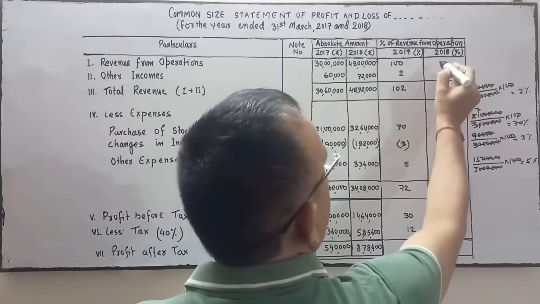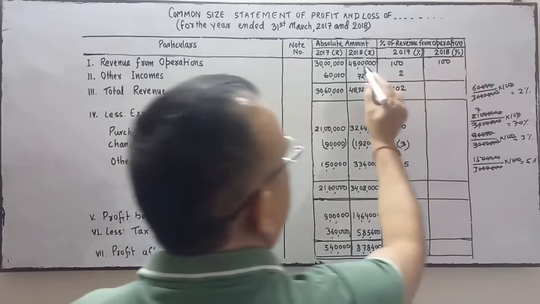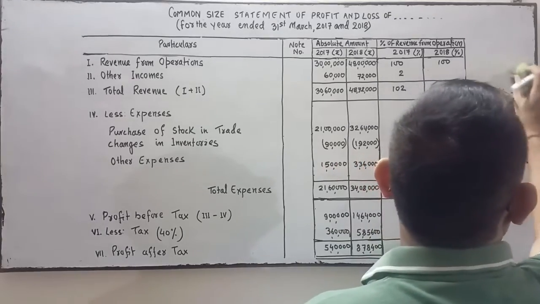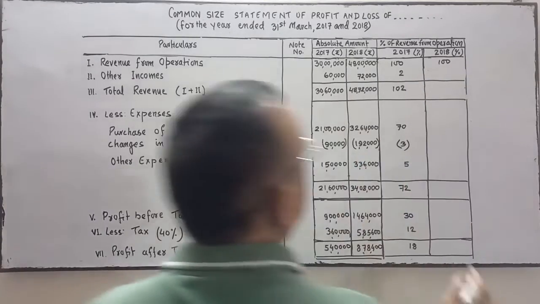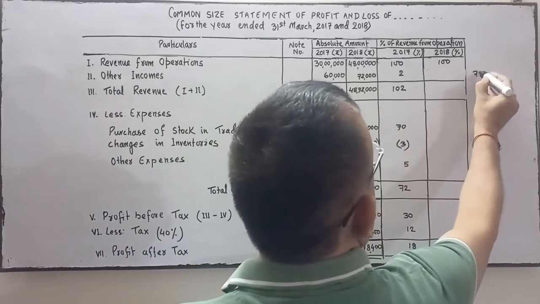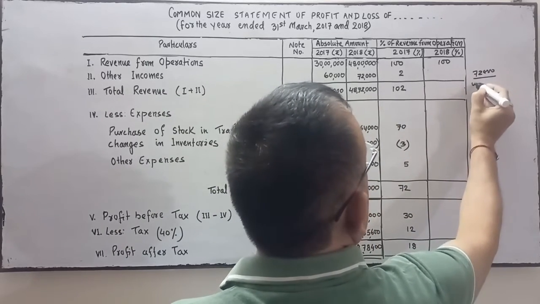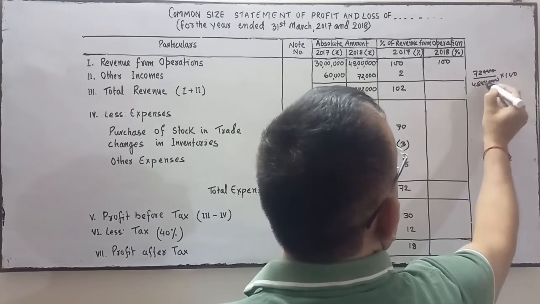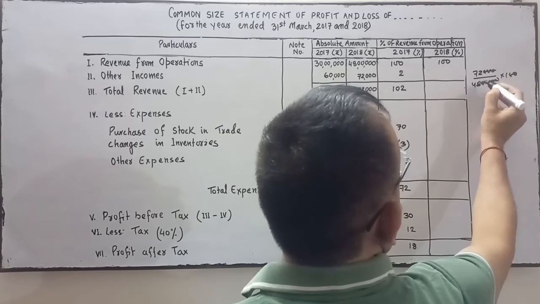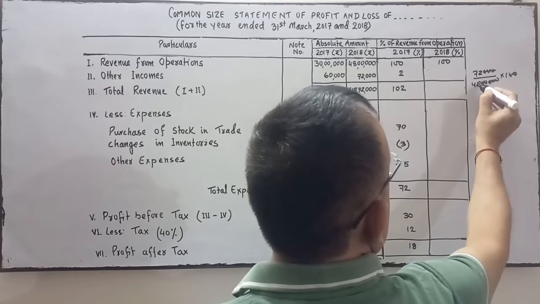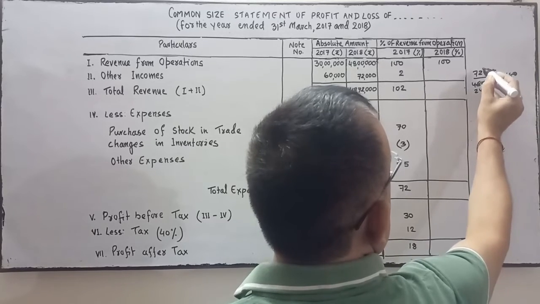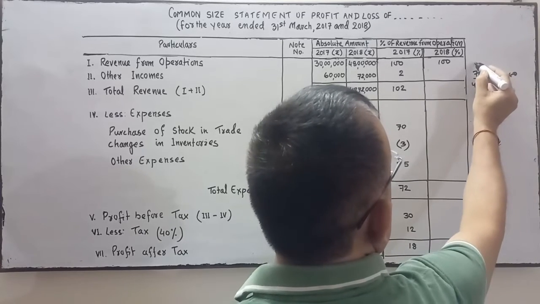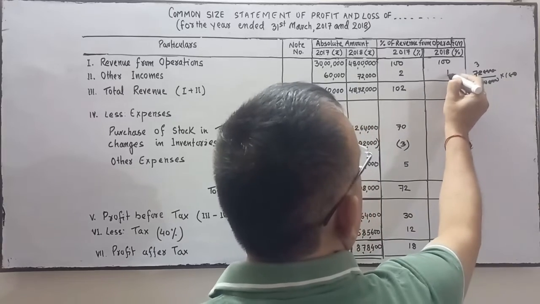Now come to over here. 48 lakhs will be taken as 100. Now calculate 72,000 upon 48 lakhs into 100. So it is 24 into 3, so it is 1.5.